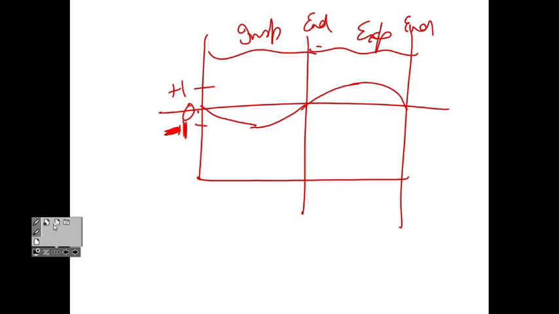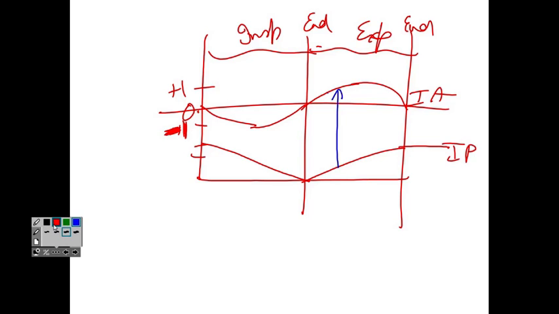What is this? 0 at rest, that should be intraalveolar, because intrapleural cannot be 0. Negative becomes more and more negative, less and less negative, and goes back to rest: intrapleural. The gradient between these two, intraalveolar minus intrapleural, is the transmural gradient.